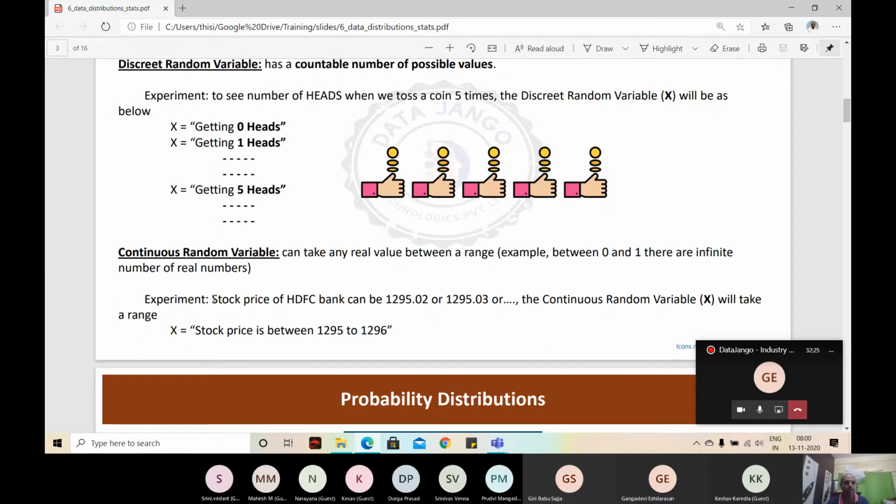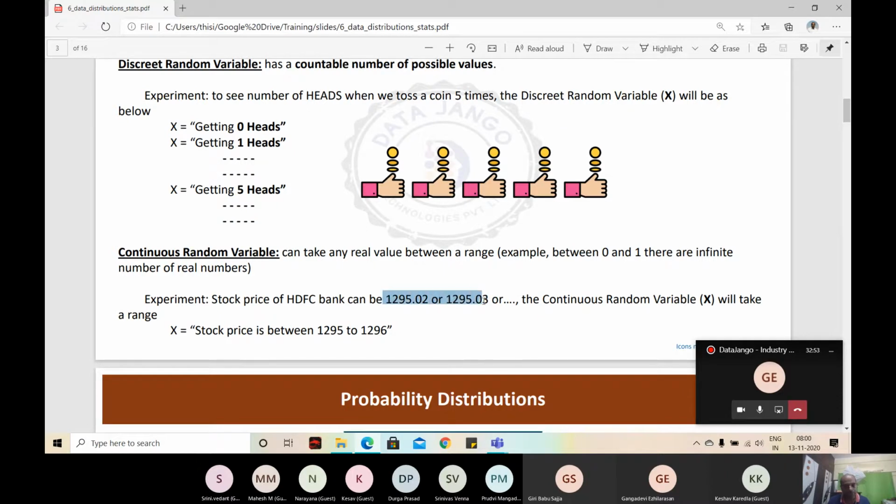If you take the stock price of HDFC, the problem we are trying to solve is: what is going to be today's HDFC Bank's stock price? Stock price being 1295.02, stock price being 1295.03.